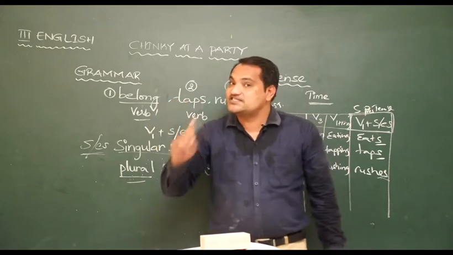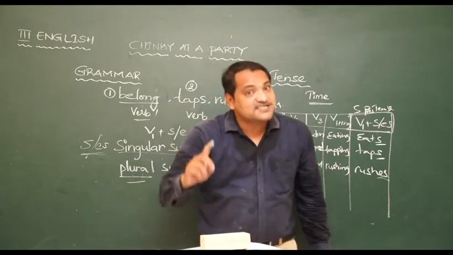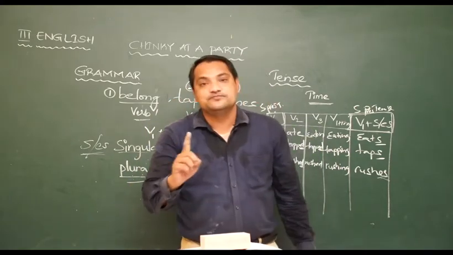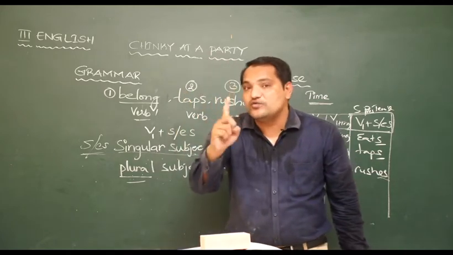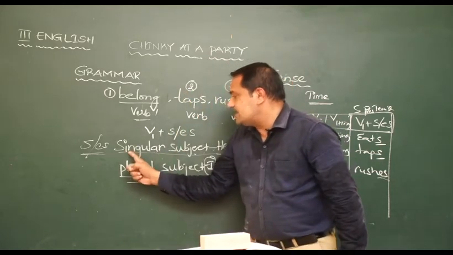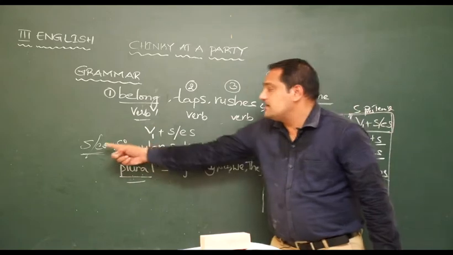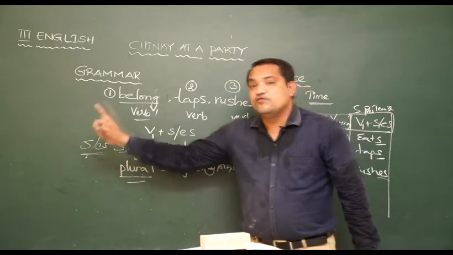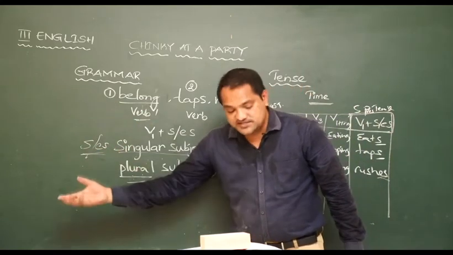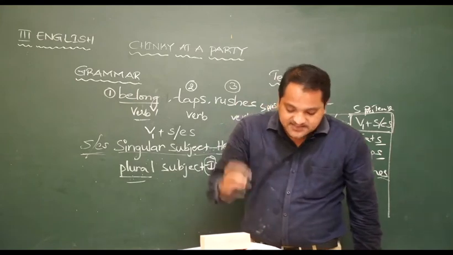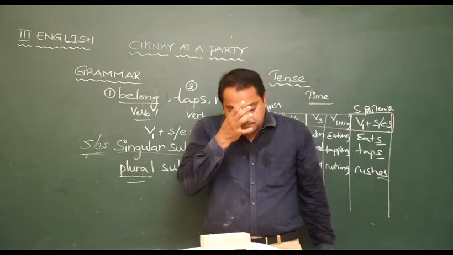Kolkata Knight Riders, one team. Sunrisers Hyderabad, one team. So team is always considered singular. So, singular, S or ES. Win or wins? Wins. Our team wins almost every match.